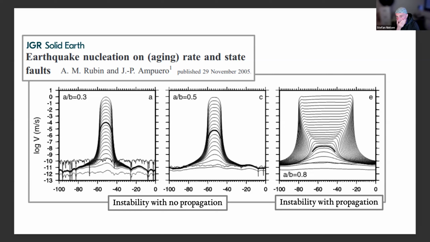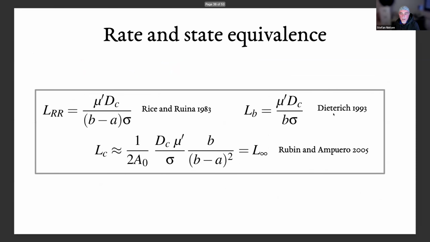In another case, you do have an instability patch that starts to expand, and that's rupture propagation. So either case, I believe, would be described by either L_RR, L_c, or L_infinity.